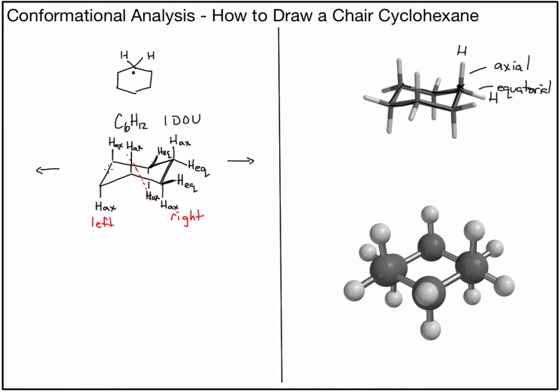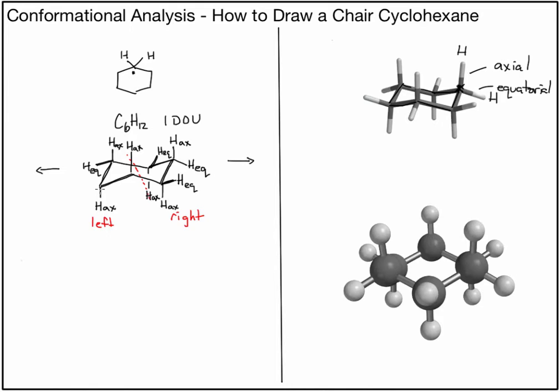And then for the equatorial, now the equatorial hydrogens on the left have to point towards the left. So how do we figure that out? Well, here's a bond. We want to make this bond parallel to it. So that forms our Z shape.